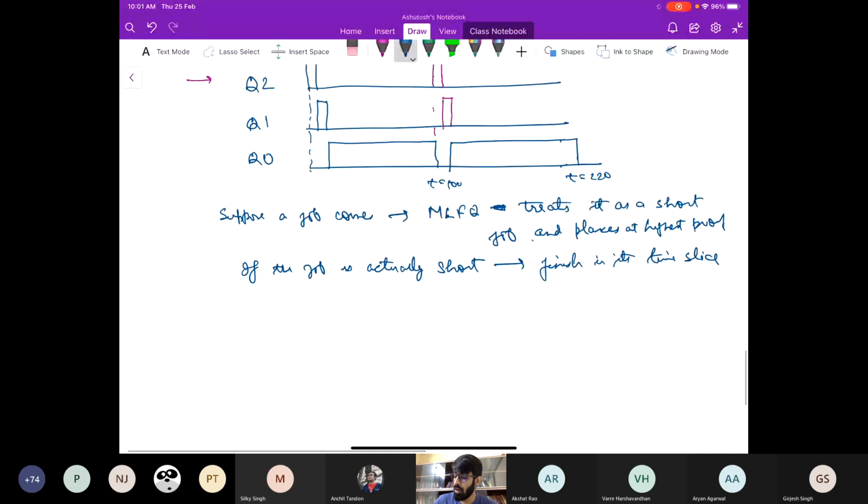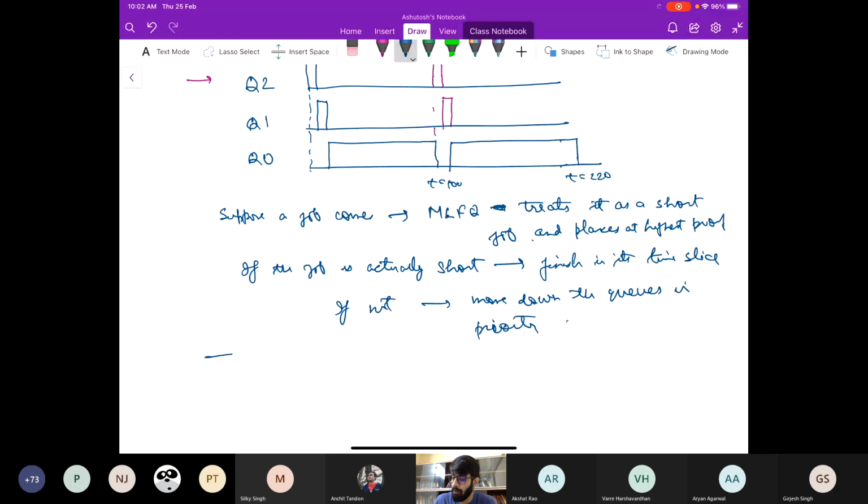And if it's not short, then it will move down the queues in priority. So somehow the shortest jobs will be finished first.